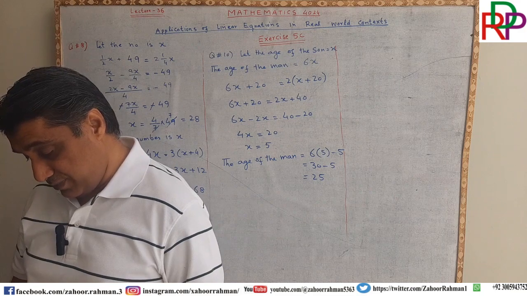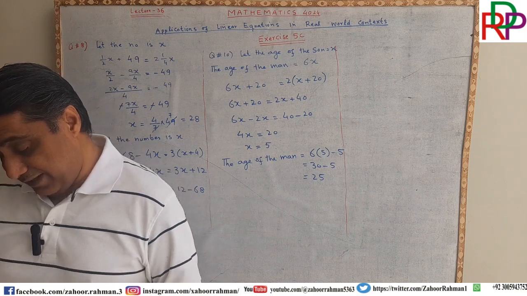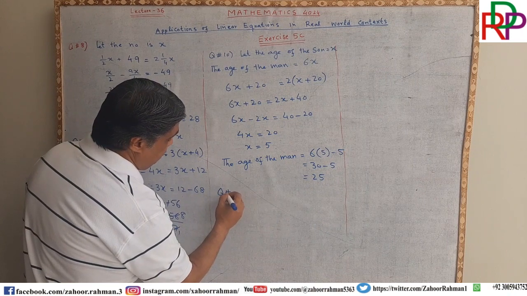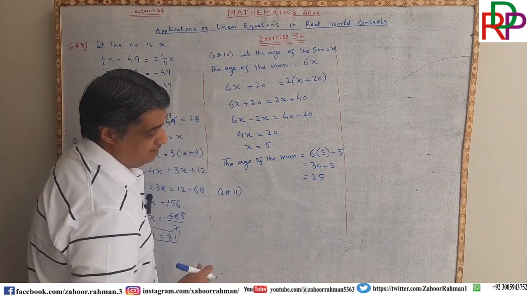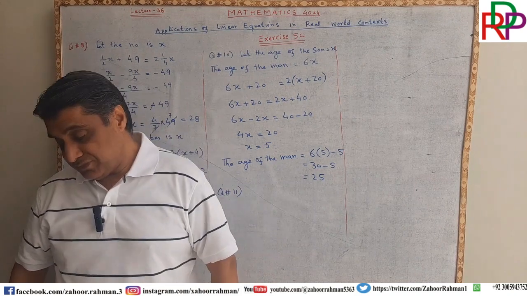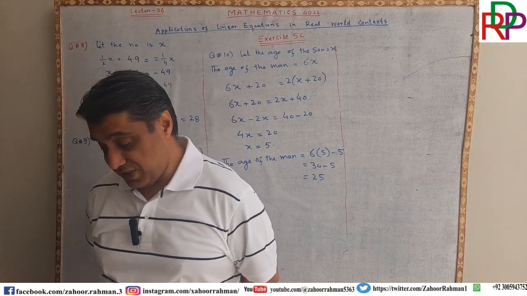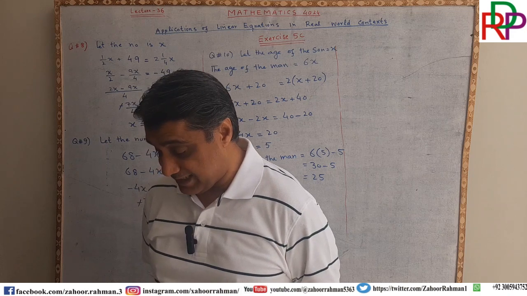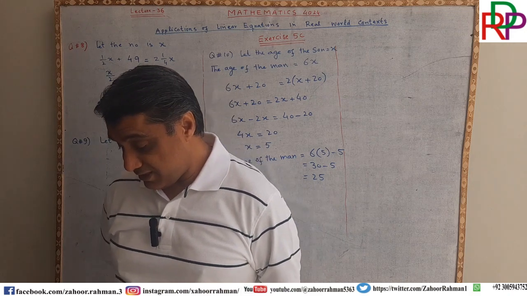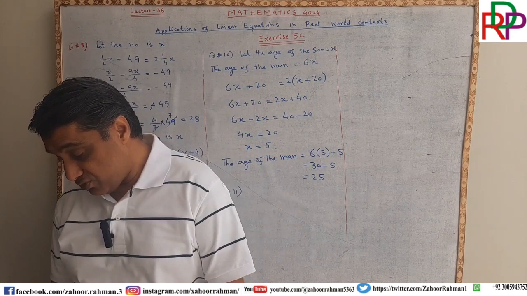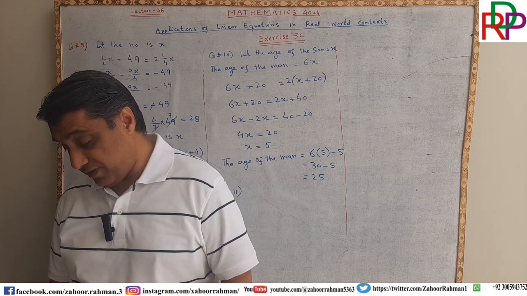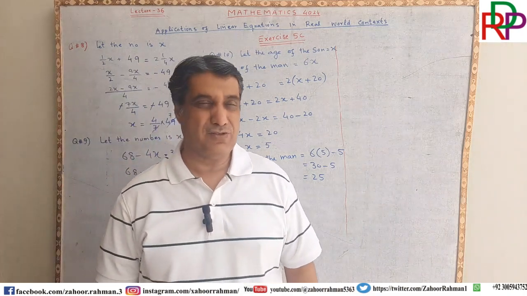Now question number 11 is giving you another concept about the linear equation. The question is saying a moon cake with two egg yolks costs 2 cents more than the moon cake with one egg yolk.